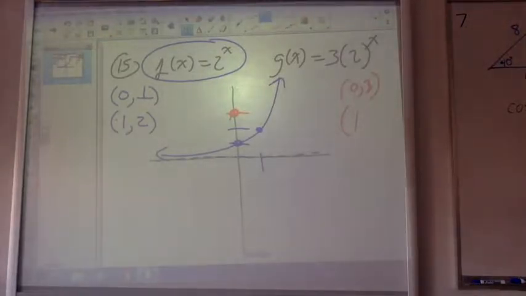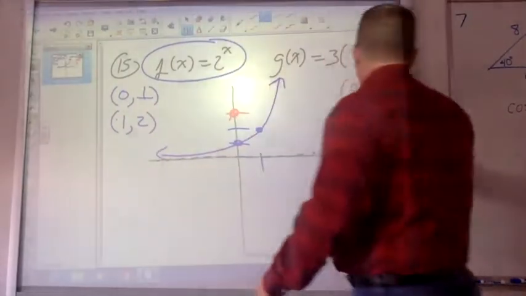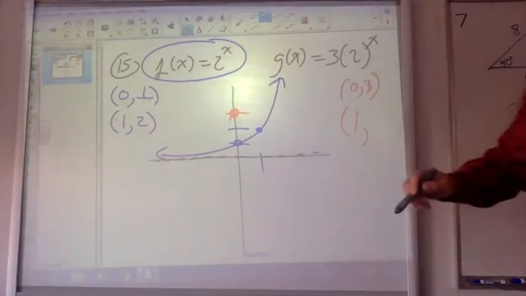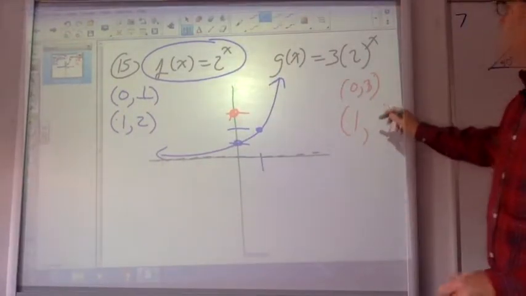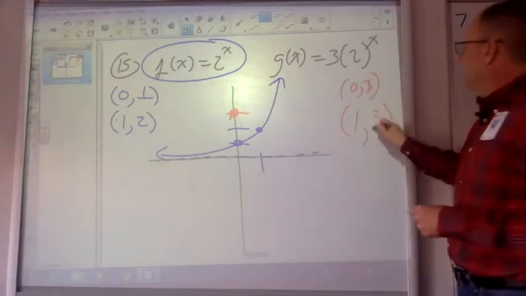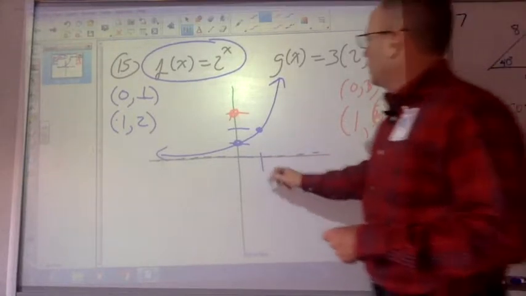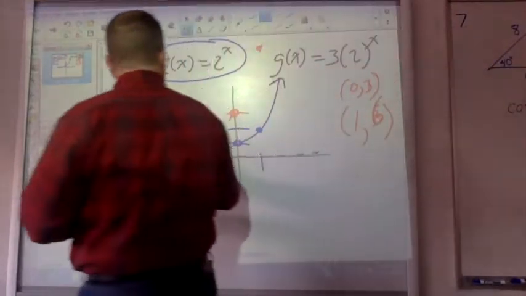I'm not looking. Does it take the flare off it? That looks like. Okay, yeah. 11 and 12. Yep. All right, let's see. Plug 1 in. 2 to the first is 2 times 3 is no, 2, that should be 6. Excuse me. So 1, 6 is like up here.